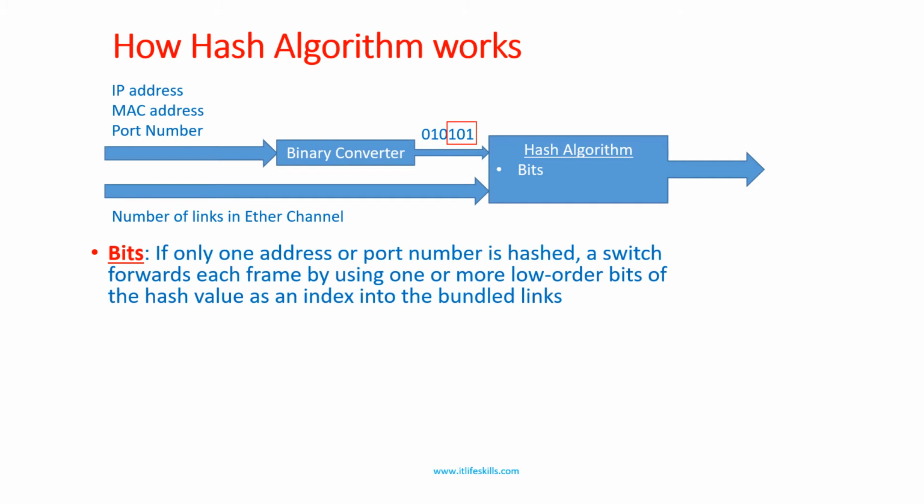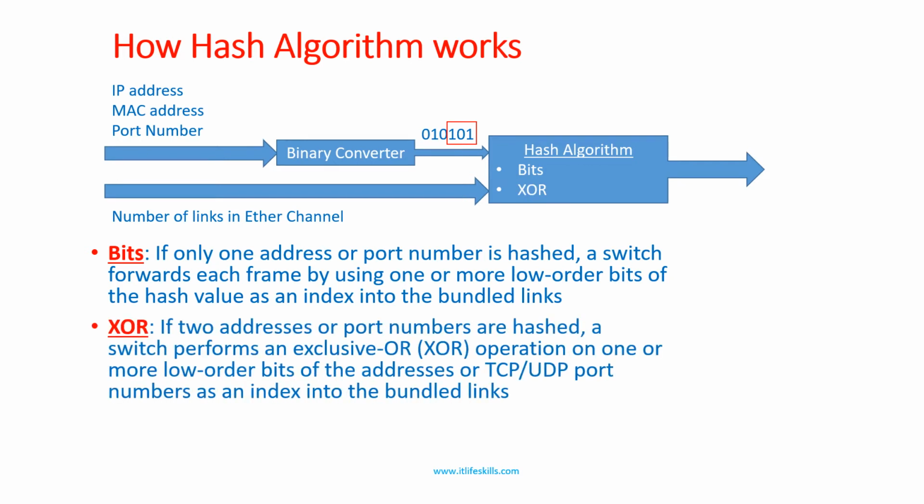Or we can use the XOR operation. The XOR operation is used if 2 addresses or port numbers are hashed. A switch performs an exclusive OR operation on 1 or more lower order bits of the addresses or TCP/UDP port numbers as an index into the bundle links.